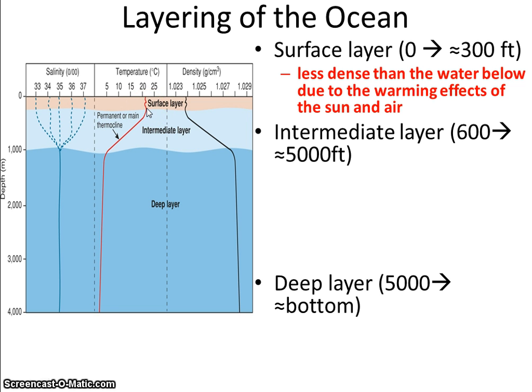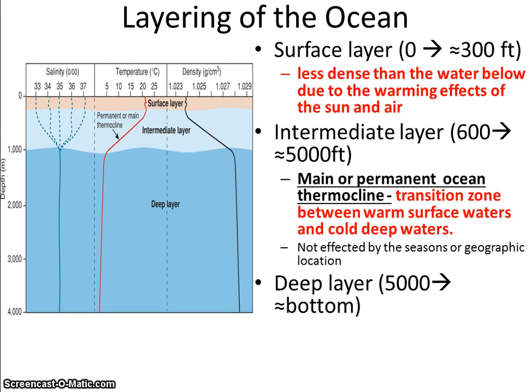And as a result, when we lose those warming effects of the sun, the temperature drops. And as the temperature drops, the density of that area rises. This area where temperature changes a lot with respect to depth, that area is known as the main or permanent thermocline. Thermo means temperature. Cline is the suffix that means change in, so this is a change in temperature.